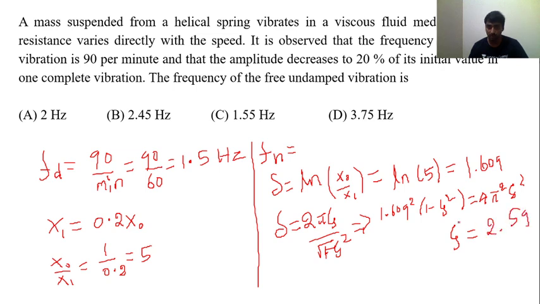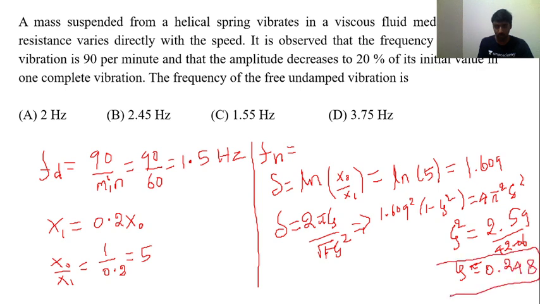So zeta square is 2.59 divided by 42.06. So zeta is equal to 0.248. That is the zeta value.